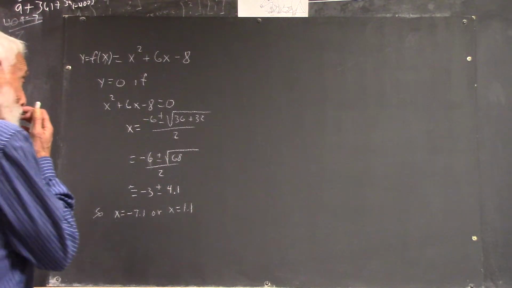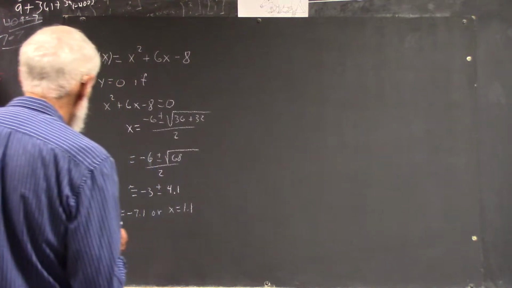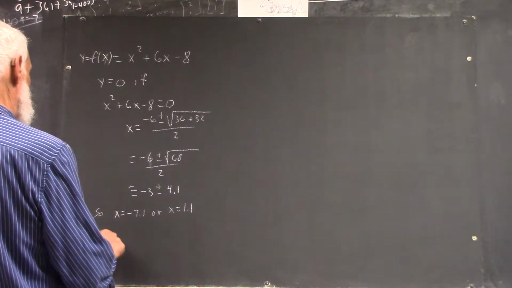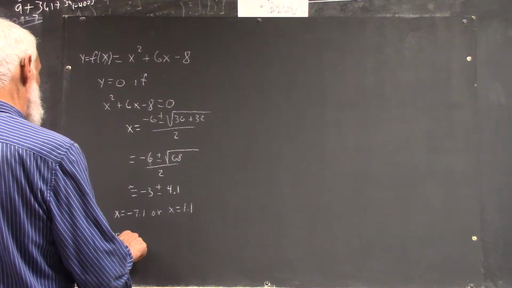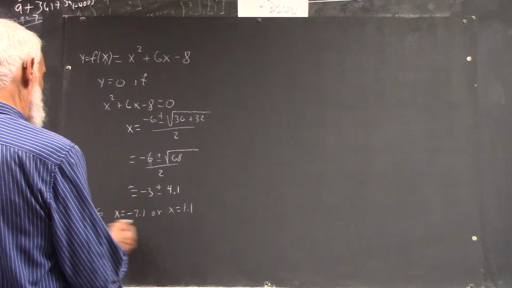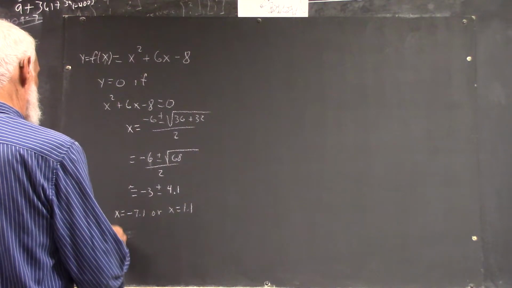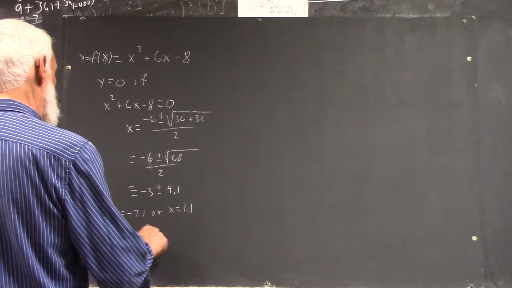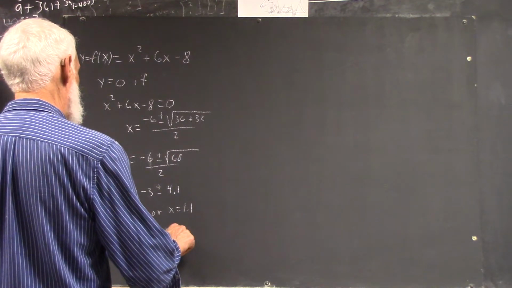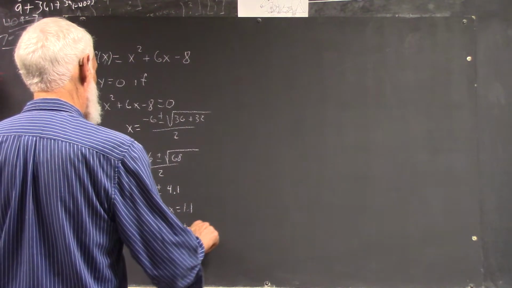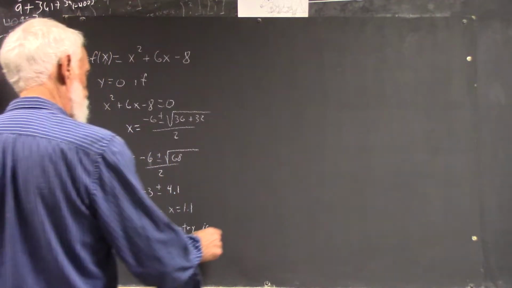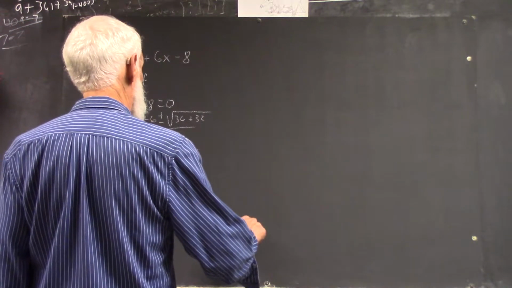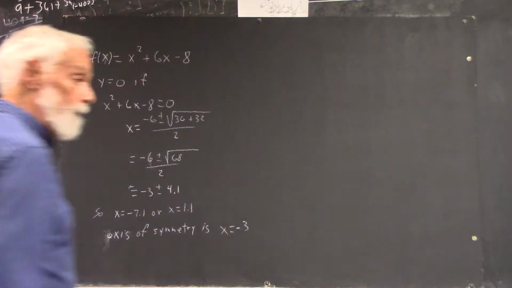Okay, then the axis of symmetry is x equals -3. Okay?